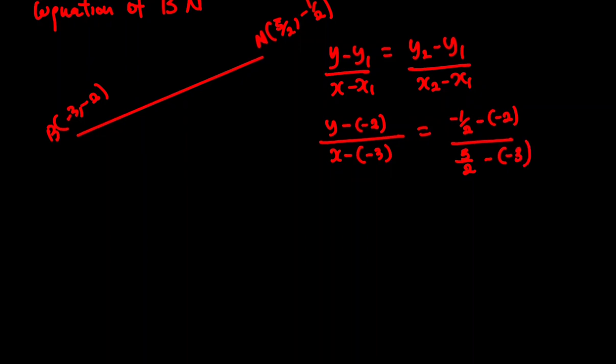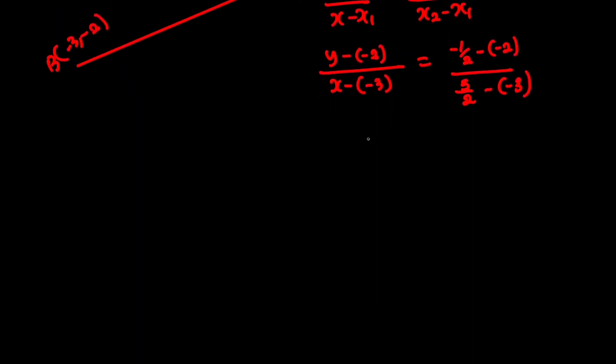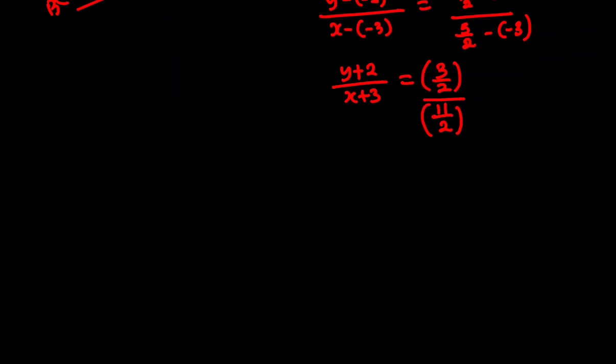Now, rearranging it and further simplifying it, you are going to have (y + 2)/(x + 3) equals 3/2 all over, remember this is a single fraction, all over 11/2. Good. Now this is what you are going to have.